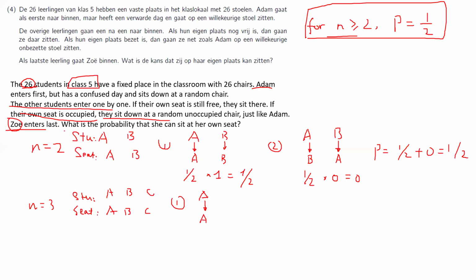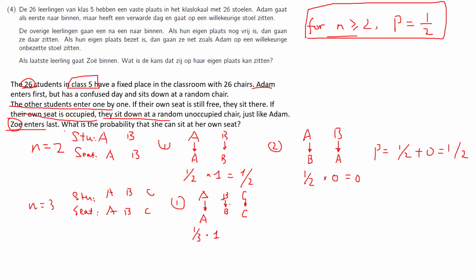So A selects his own seat, and according to the rules, B will select also his own, and C will select also his own. So in this case, we have 1/3 probability that A selects A, and for the rest, we have 100%.